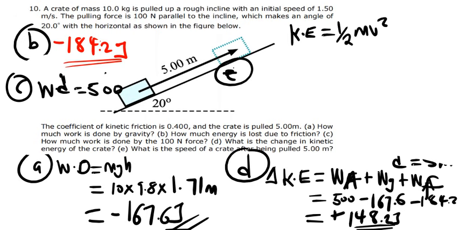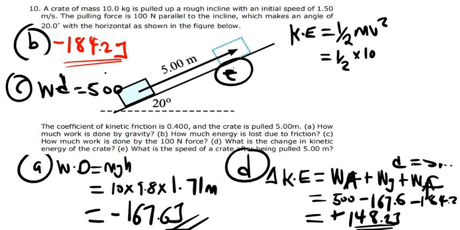Now in this case we're talking about the kinetic energy final and the kinetic energy initial. That is very important for us to understand. So what will be the initial first? It will be half multiplied by the mass.